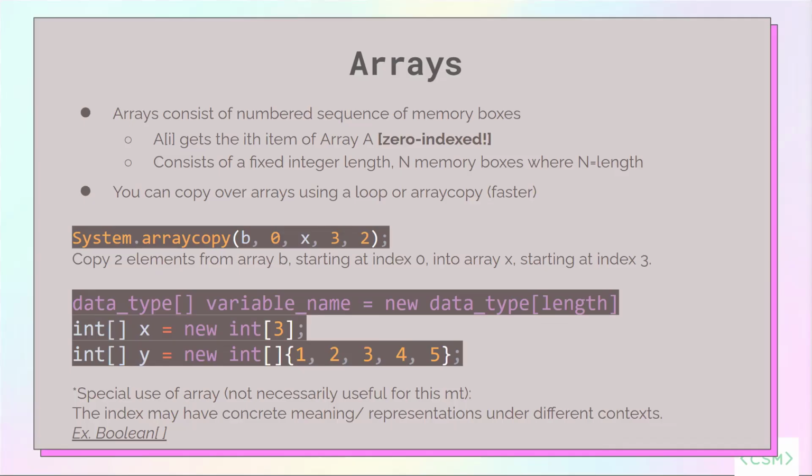And then there's a special use of arrays that might not necessarily be useful for this midterm, but it might be useful for the final, where they limit the lines of code that you can have. The index of the array can have a concrete meaning or representation under different contexts. For example, if you create an array of Booleans, the index could represent something that you're interested in.